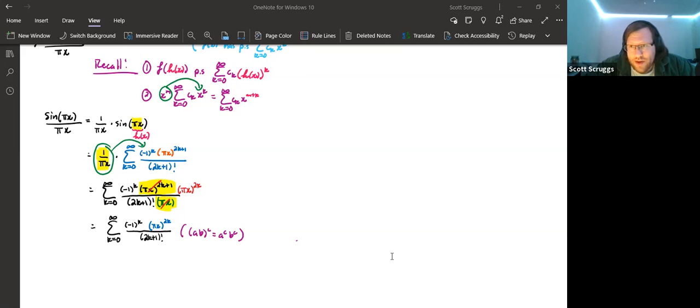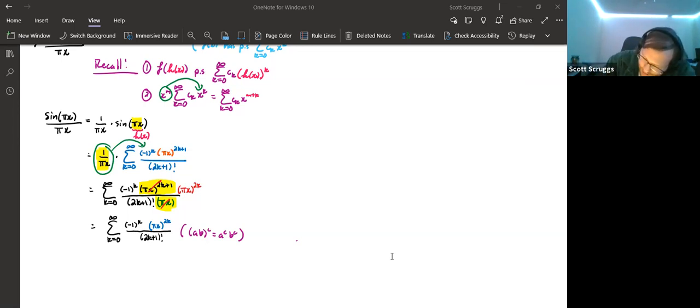Before I move on to integrate, I'm going to use my property of exponents that says if I have two numbers that are multiplied together, all raised to the power of 2k, that is the same as saying take the first number, raise it to the 2k power, take the second number, raise it to that same power, and multiply the results at the end.